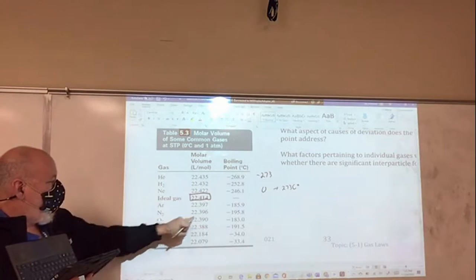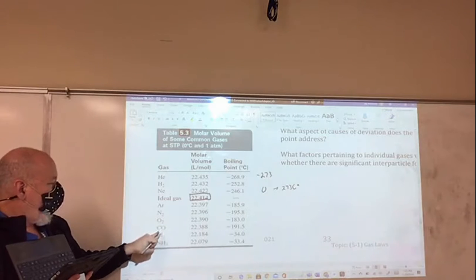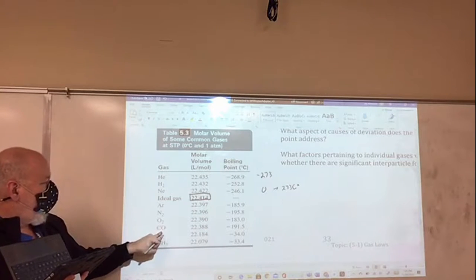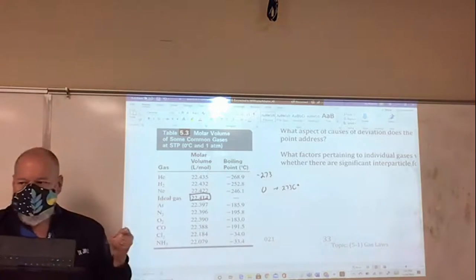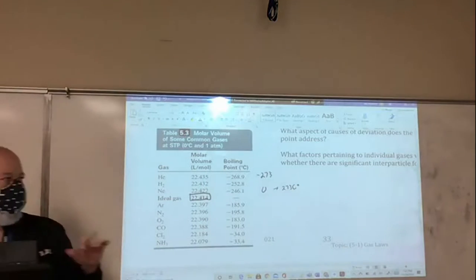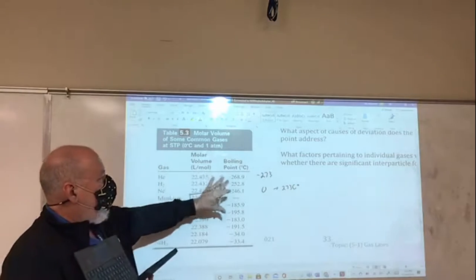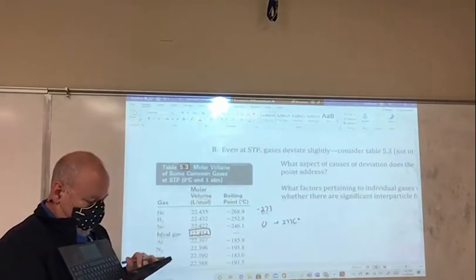And you would say this table indicates that interparticle forces are stronger between carbon monoxide than they are between neon. So this is a high likelihood question here.